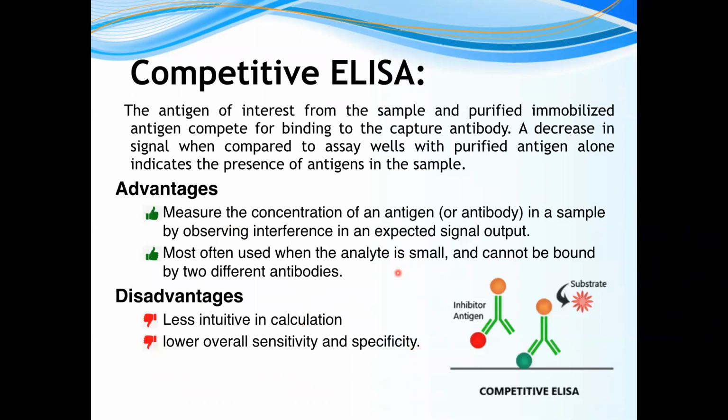So it is mainly used for small molecules, or if the analyte is very small. And few disadvantages of this system are it's less intuitive in calculation, and it shows low overall sensitivity and specificity as compared to the sandwich ELISA.